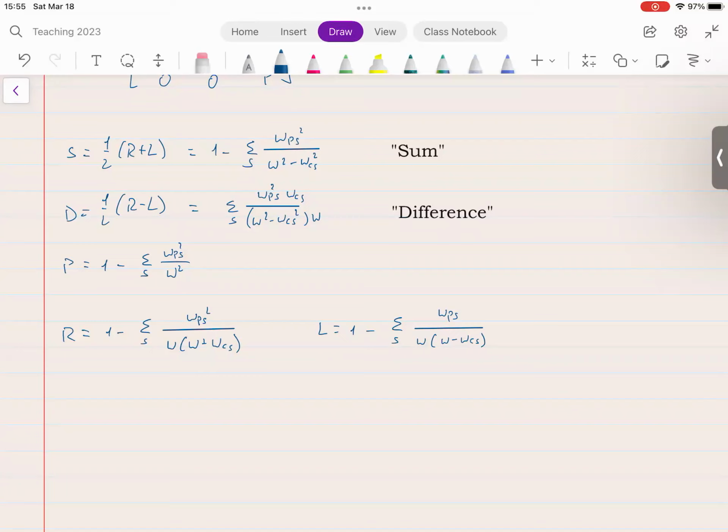And in fact, the R term is associated with right-hand polarized mode, and the L term is associated with a left-hand polarized mode. And also, as a reminder, the omega cyclotron has a sign. That's not the absolute value, it's the value with sign.